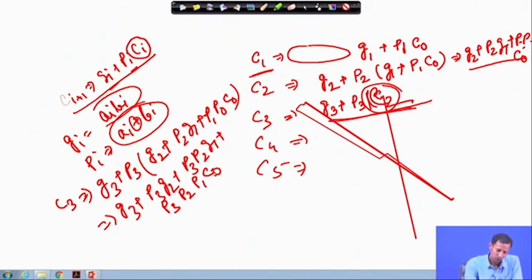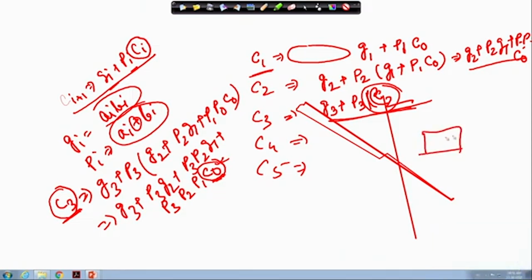Here you see, the carry we are getting depends only on the first carry input bit, which we know from the beginning, the carry-in bit to the corresponding 4 bit CLA or 8 bit CLA. So C0 we know from the beginning.